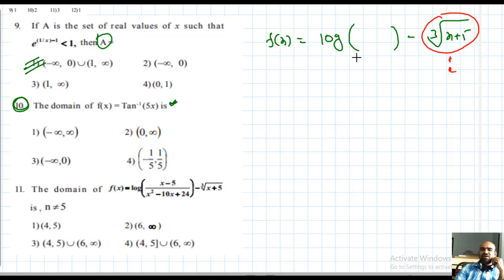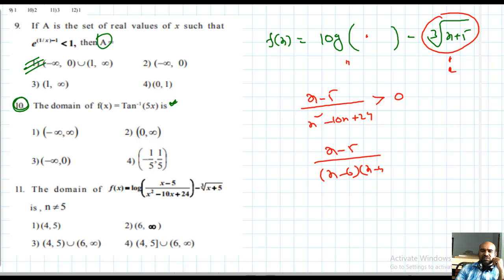Just we want to find what values of x this should be defined, means the inside of the bracket should be greater than 0, because logarithms are defined only for positive real numbers. x minus 5 by x square minus 10x plus 24 should be greater than 0. That's all. x minus 5 by x minus 6 into x minus 4 greater than 0.